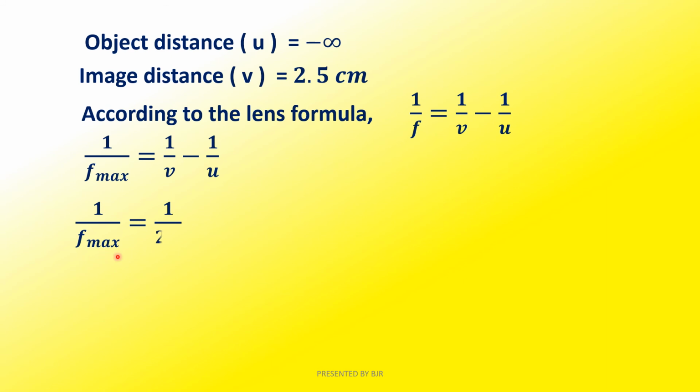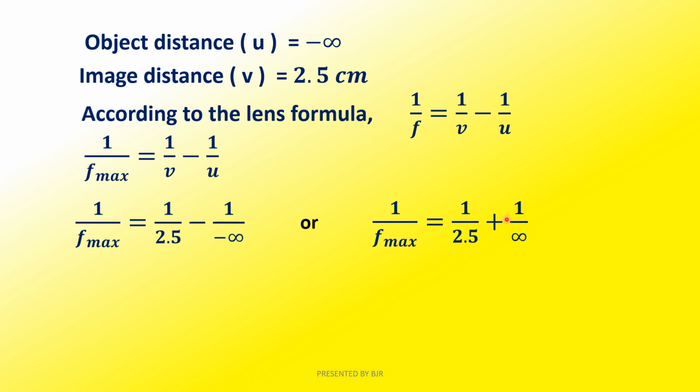So 1 by f maximum equal to 1 by 2.5 minus 1 by minus infinity, and these two minus signs will become plus, or 1 by f maximum equal to 1 by 2.5 plus 1 by infinity. We know that 1 by infinity is equal to 0.